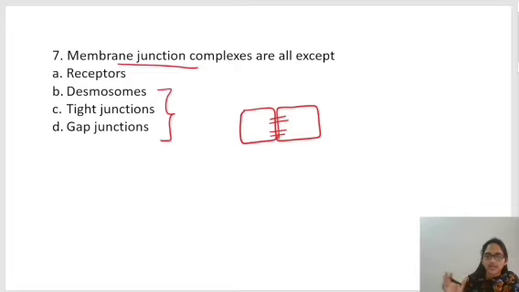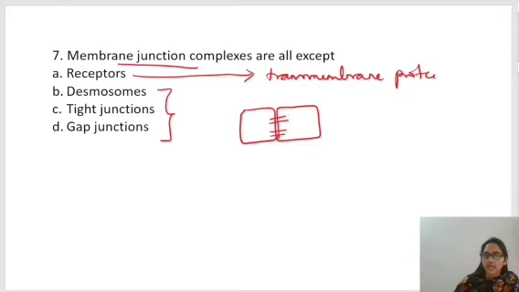They help in connecting two cells, they help in stabilizing the cells in their structure, and also they help in communication between cells, or if any molecules have to be transported between the cells, that also happens through these membrane junction complexes. Whereas what is a receptor? A receptor is a transmembrane protein or an integral protein in the plasma membrane.